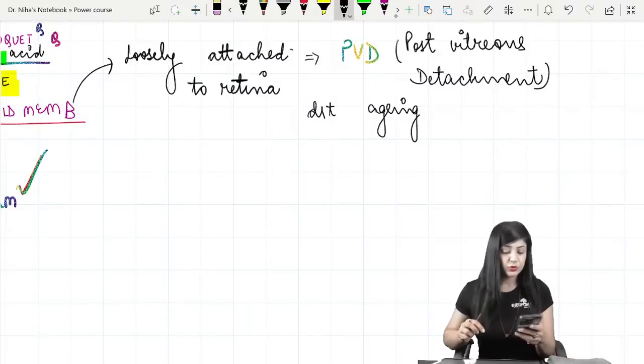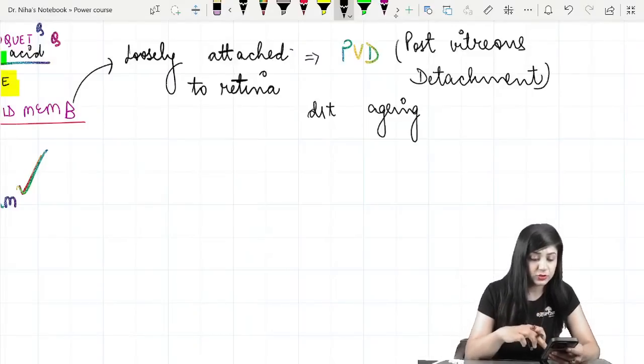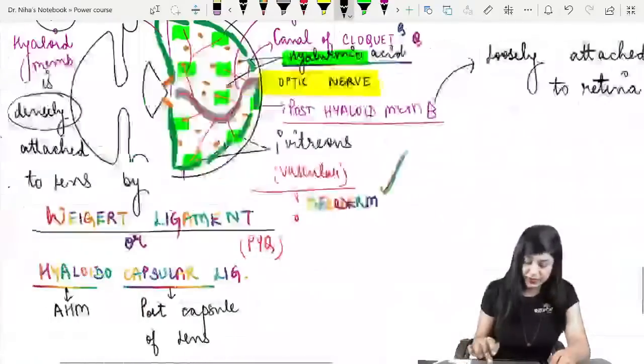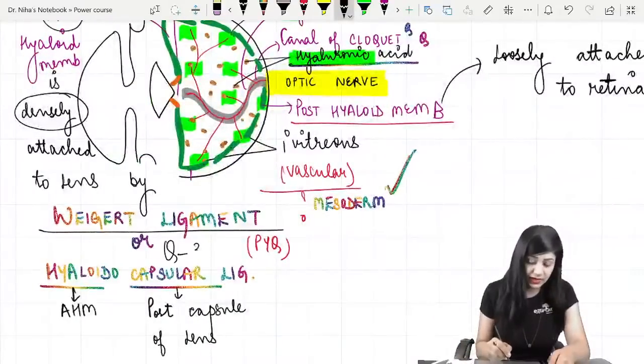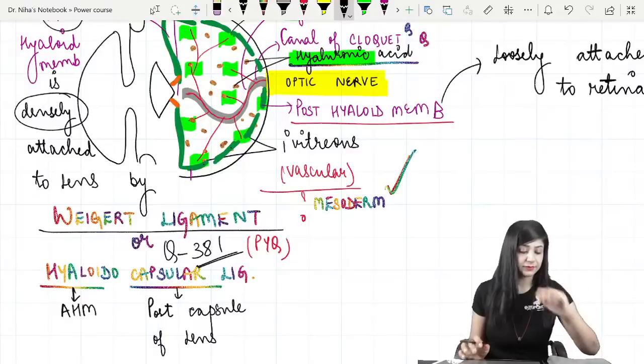Yes, so you can answer the question here also. This is quiz number 381 here.